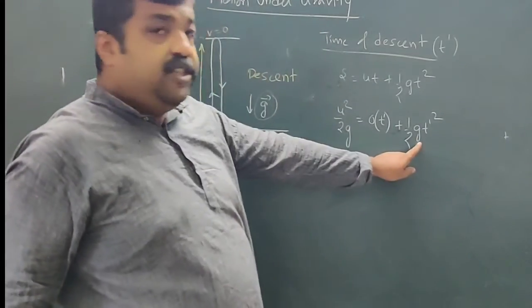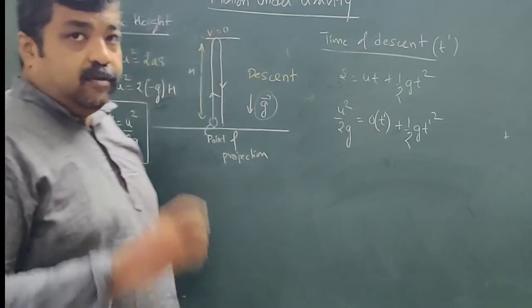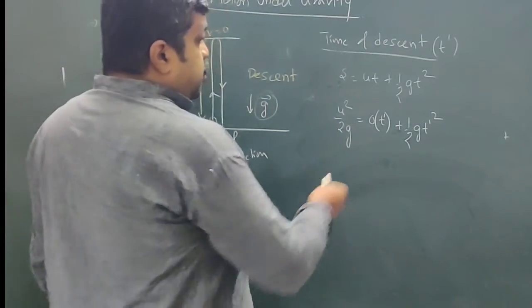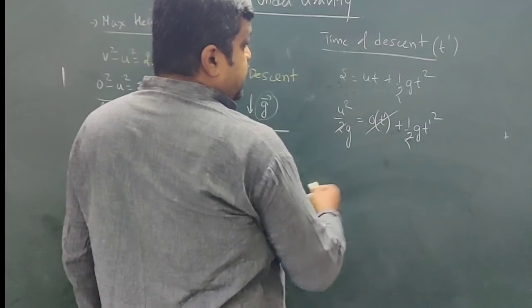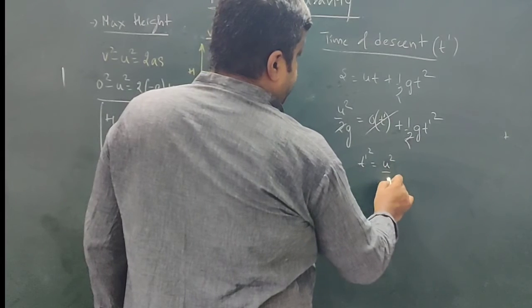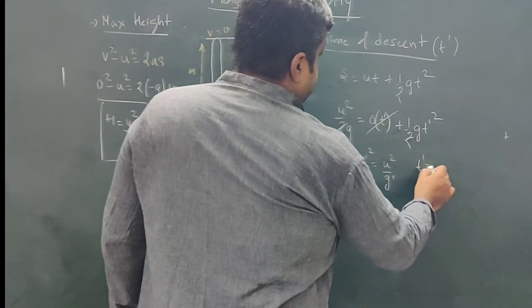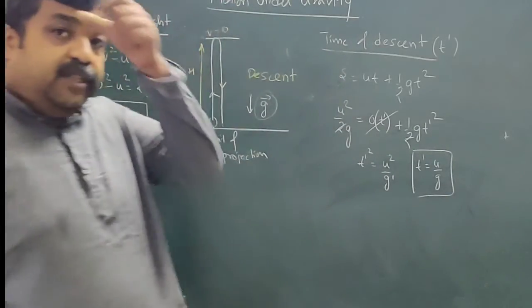I have written plus g because while it is coming down, it is undergoing acceleration, so g will be positive. This term is 0, and this 2 and this 2 cancel out. So t'² = u²/g², or t' = u/g.